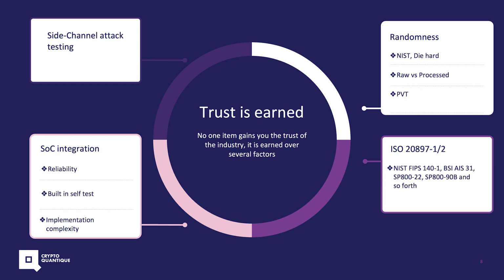There are ISO standards that give you some guidance. It says you need high entropy, which is a good thing, so you're not repeating numbers and you've got a unique source. You can test for randomness. There are defined randomness tests out there. Go and use them. They're not the same as random number generator tests.